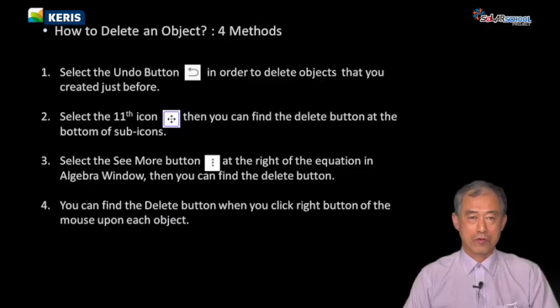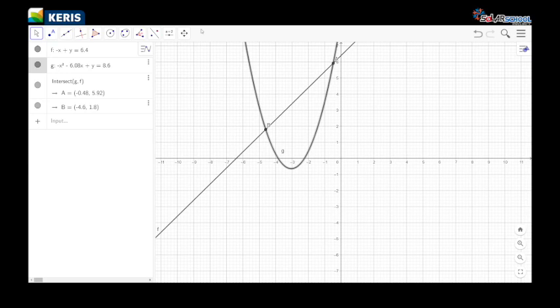Sometimes while you are working with GeoGebra, you may want to delete objects that you created. We have 4 ways to delete an object. The first way is to use the undo, like here.